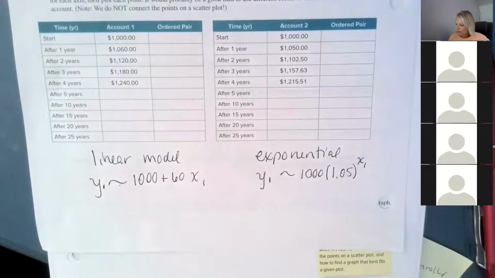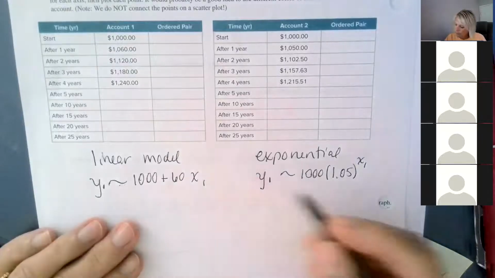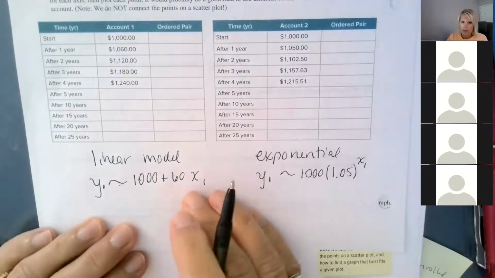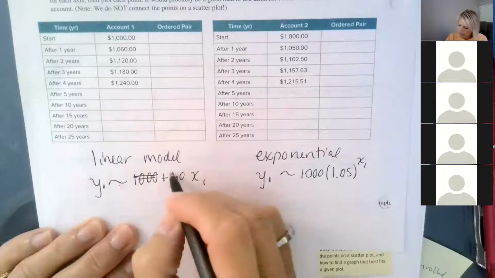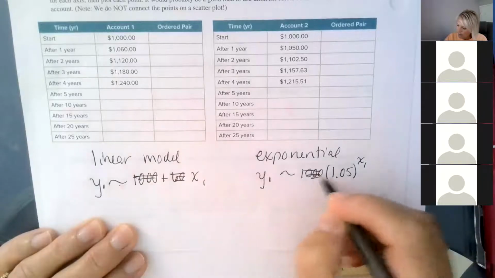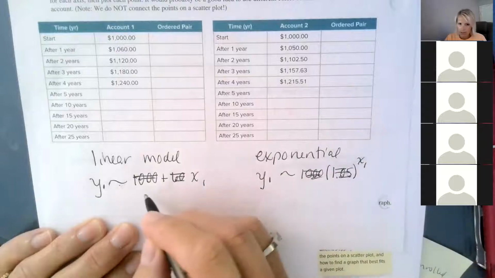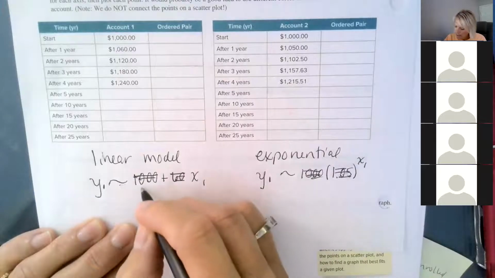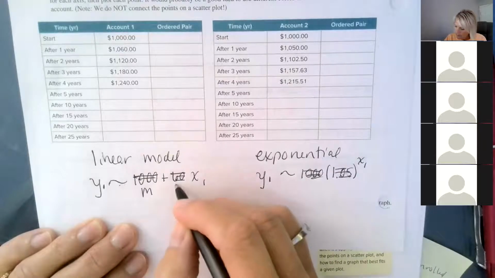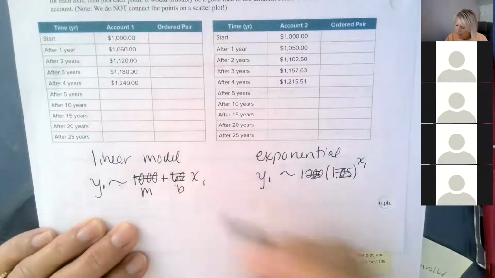Wait. This would be, so delete your numbers. We have to pretend that we don't have our numbers. So we would actually say M here instead of the 1,000, and then we would say B instead of the 60.